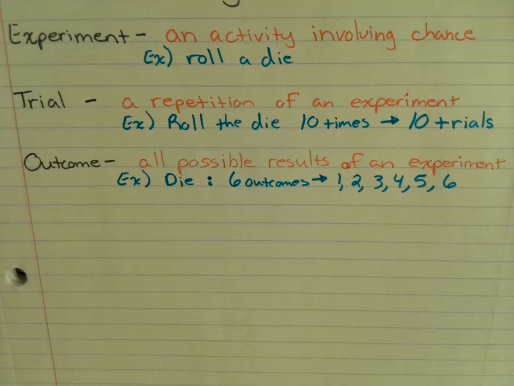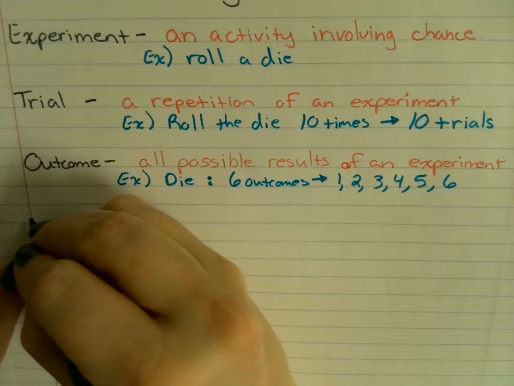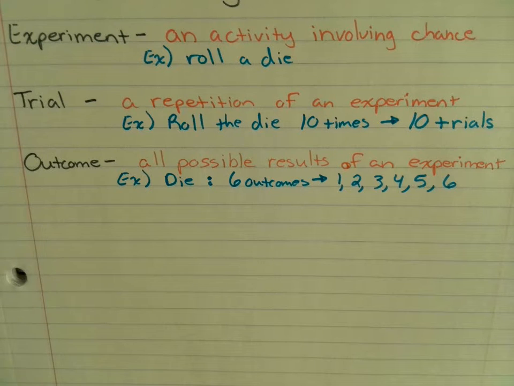And it's the same thing here. If I decide to use you guys for an experiment and say, okay, I want the probability that I'm going to call on a girl in the class, the probability of me choosing a girl in this class is going to be different than the probability of me choosing a girl in my next class, because they have a different number of girls than you do, and they have a different number of total people than you do.